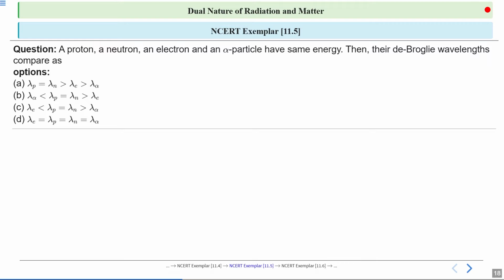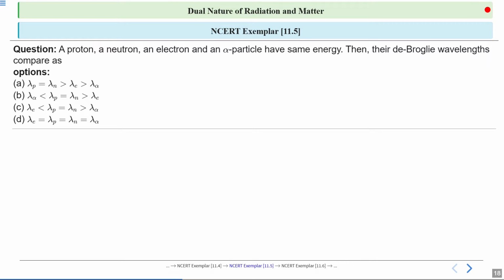Options are given. Option A: the wavelength of proton and neutron is the same, which is greater than the wavelength of electron and greater than the wavelength of alpha particle. Option B: wavelength of alpha particle is less than wavelength of proton, which is equal to wavelength of neutron, and greater than the wavelength of electron.